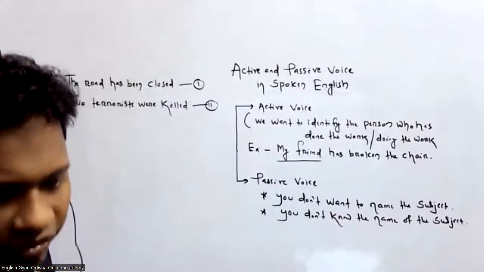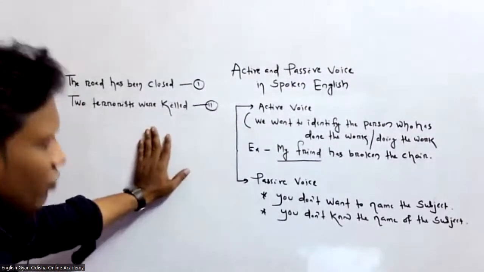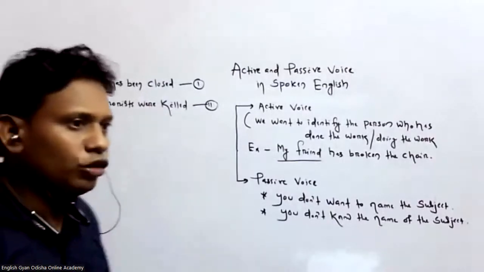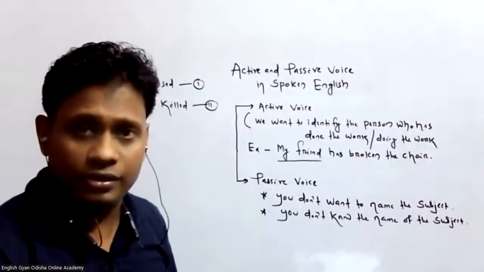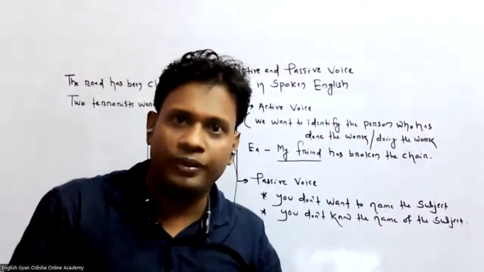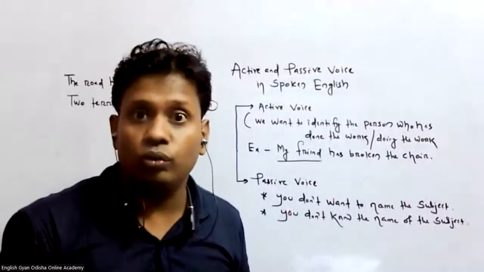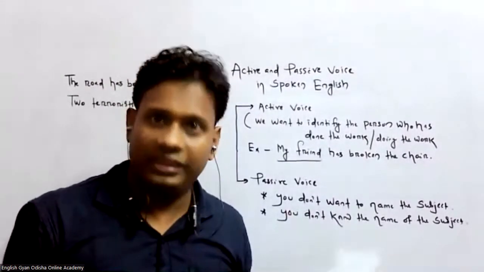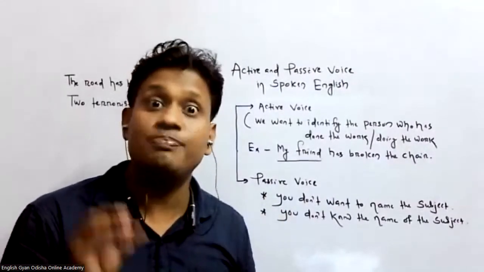But let me tell you, my friends, if you really understand the particular thing, then it is easy for you. Most of the time, this is a way of corporate communication. I have experience working in a corporate, where they always say, this has to be done. Who will do it? Nobody knows. This has to be done. So that means it's passive.